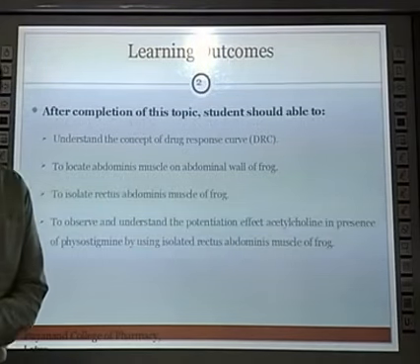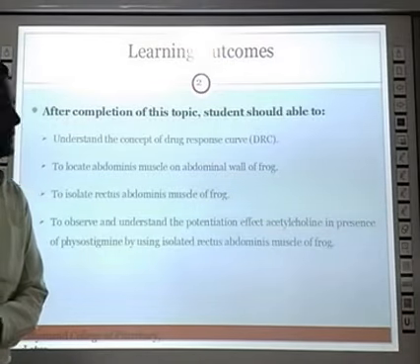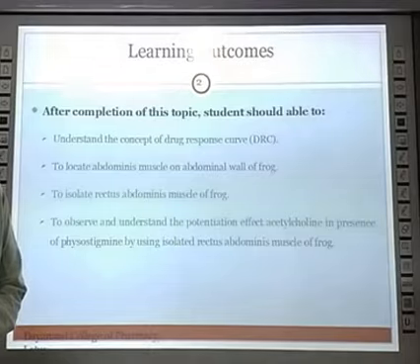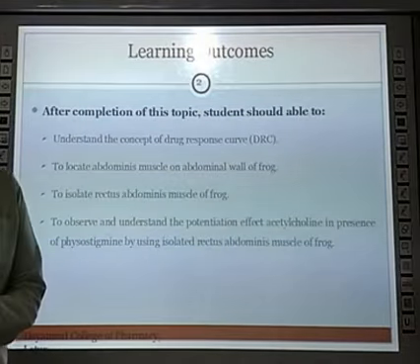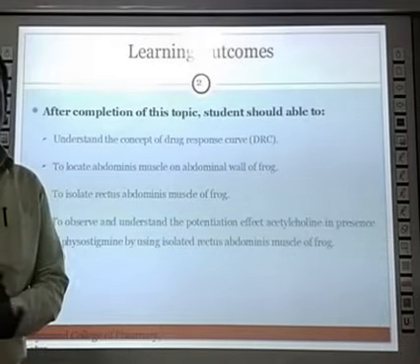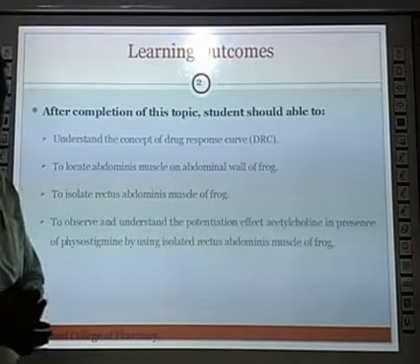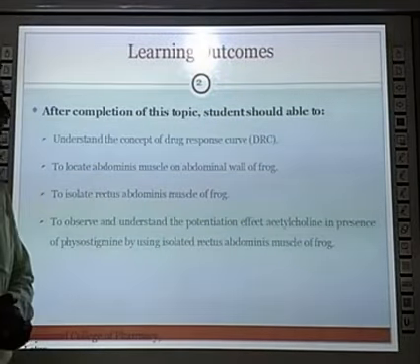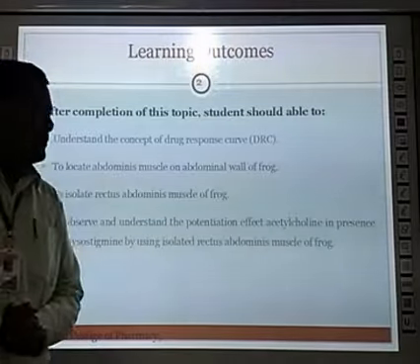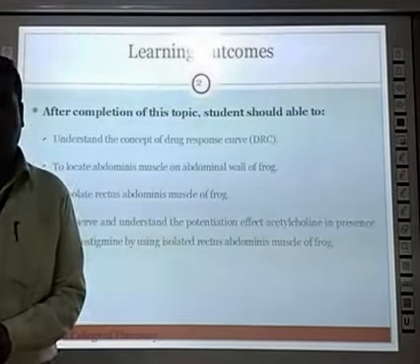So after completion of this topic, students should be able to understand the concept of DRC, that is the dose response curve. Then to locate the rectus abdominis muscle on the abdominal wall of frog.